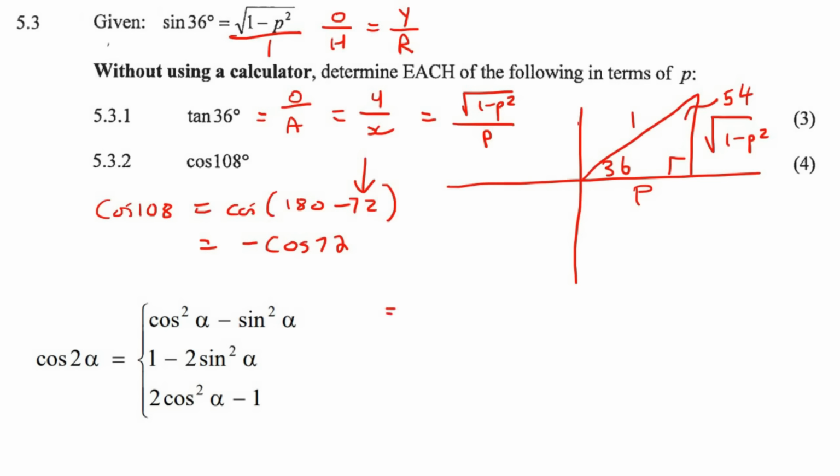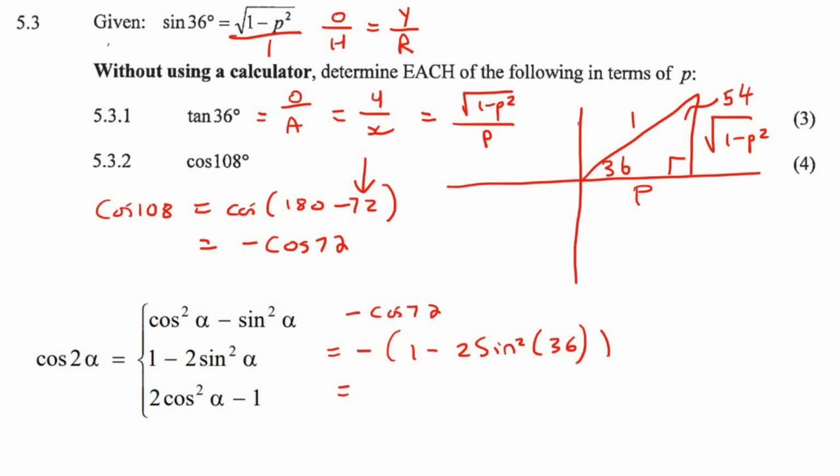Don't worry too much about this negative. It's going to get in the way a bit, but we can say negative cos 72 is the same as negative, then in brackets, we can change the cos 72 into this one: 1 minus 2 sin squared of 36. So I just used this one here.